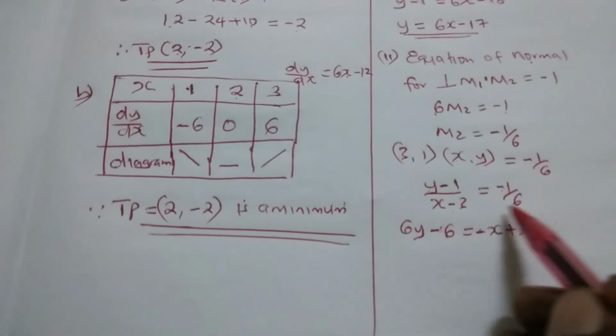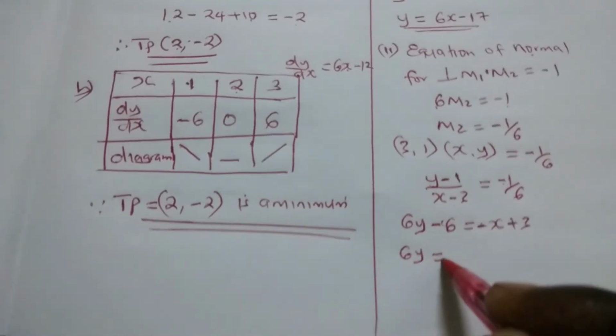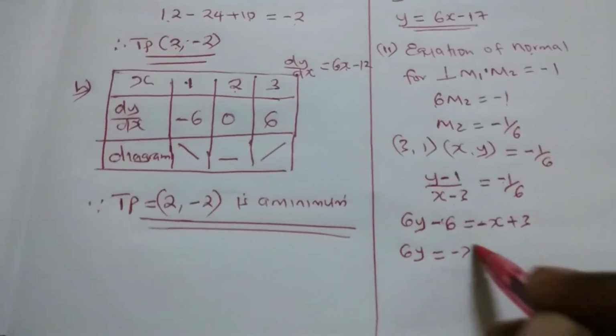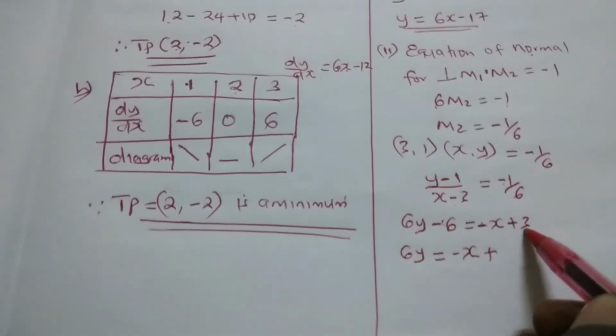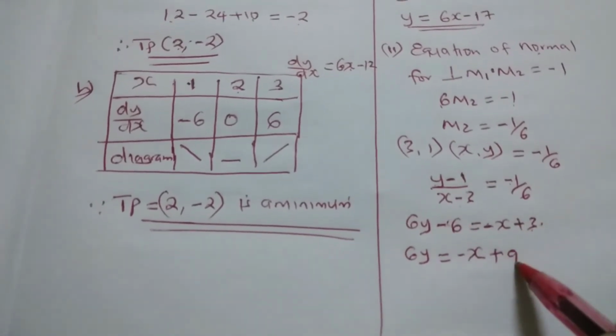If we take minus 6 to the other side, we remain with 6y is equals to negative x plus 3. Negative 6 goes to the other side, so if we add it to 3, we are going to have 9.